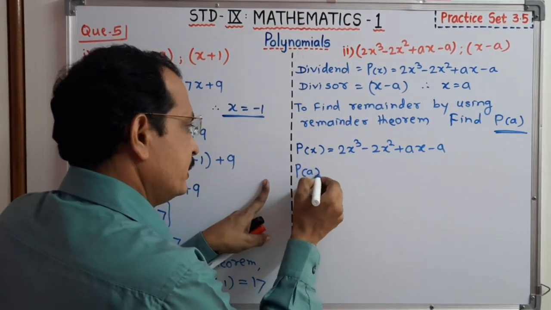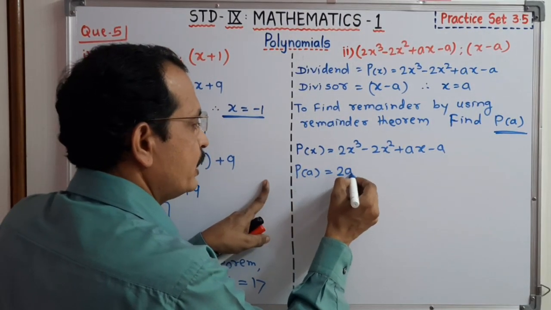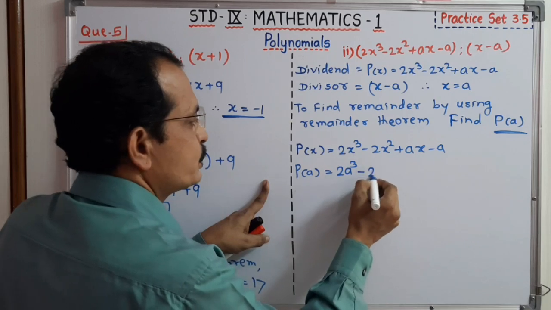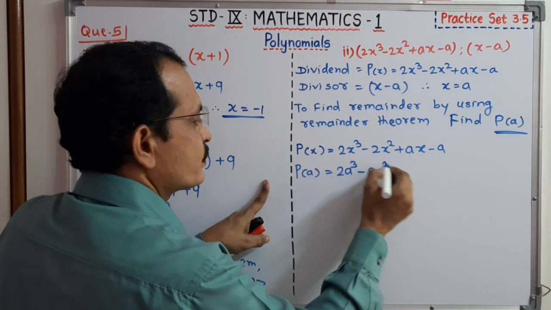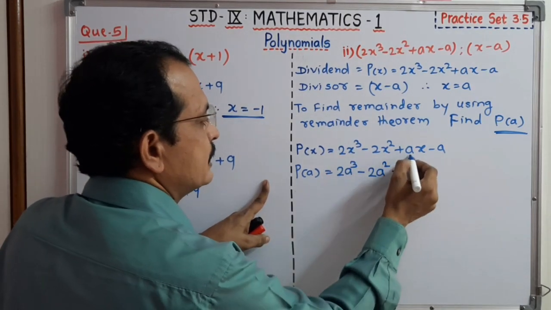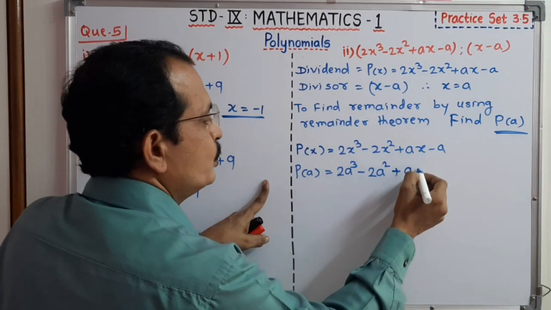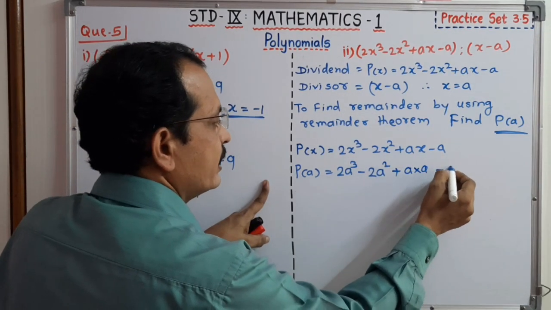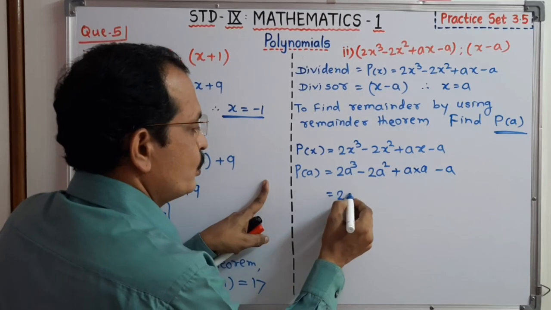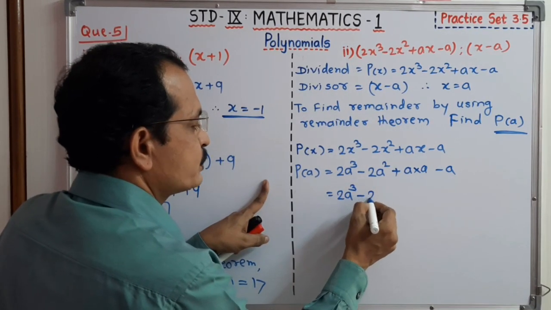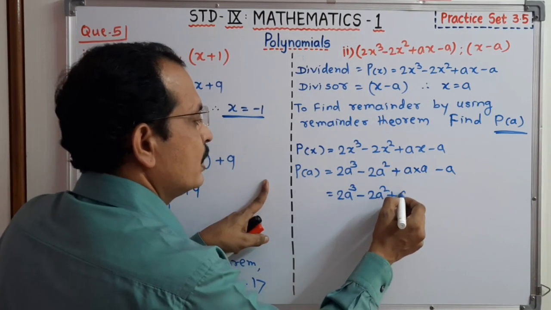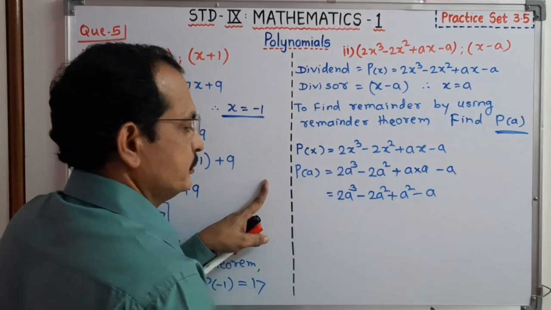p(a) is equal to 2a cube minus 2a square plus a into a minus a. That is 2a cube minus 2a square plus a square minus a.